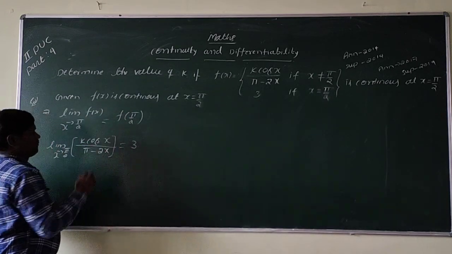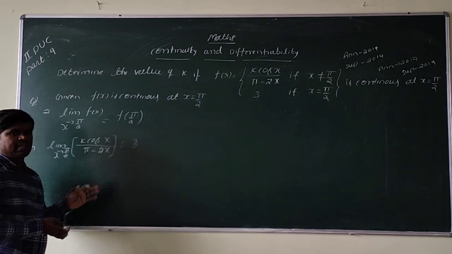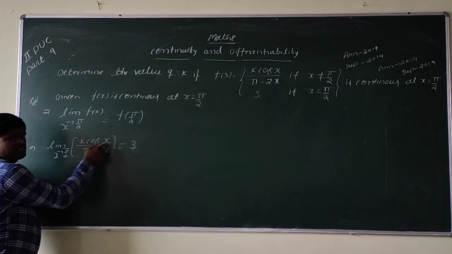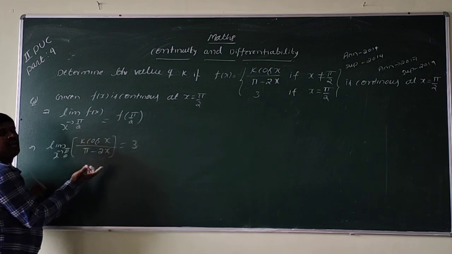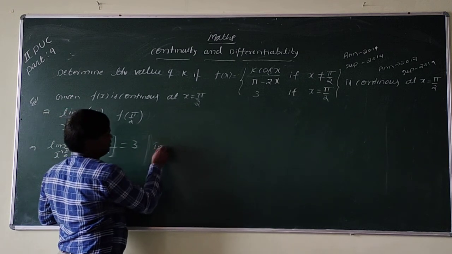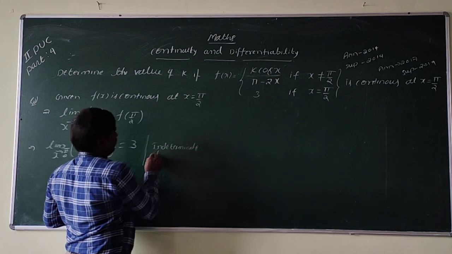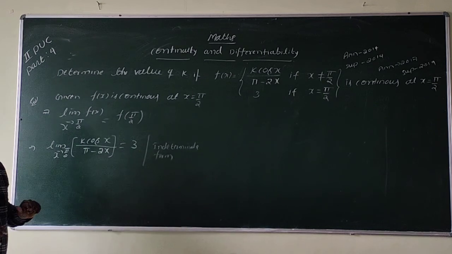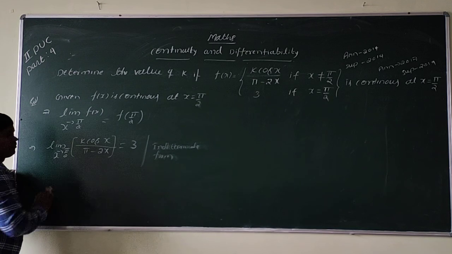If we apply the limit directly, x tends to pi by 2, cos pi by 2 is equal to 0, and pi minus pi is 0. Again we get an indeterminate form. So we are not going to apply the limit directly; we are going to convert the given function to some other form.